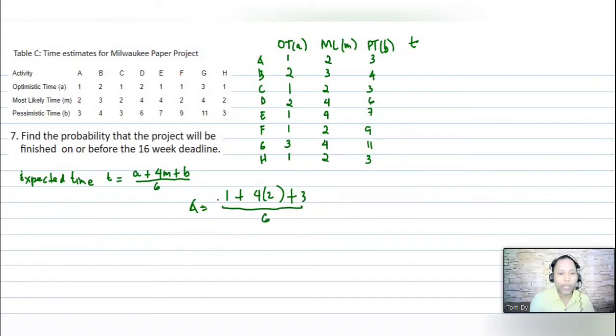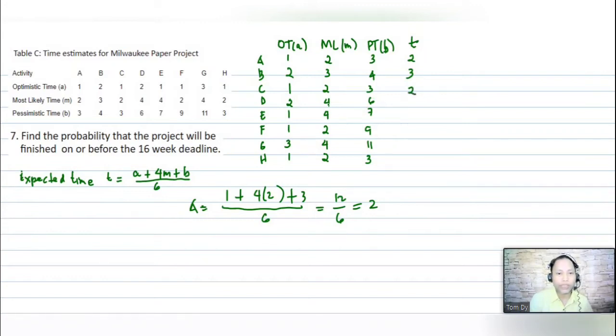So 4 times 2 is 8, 9, 10, 11, 12 over 6. So that is 2. Okay, that is how we compute our T. Same with this one, 4 times 3 is 12, 13, 14, 15, 16, 17, 18 divided by 6, that is 3. And then 4 times 2, 8, 9, 10, 11, 12 divided by 6, that is 2.